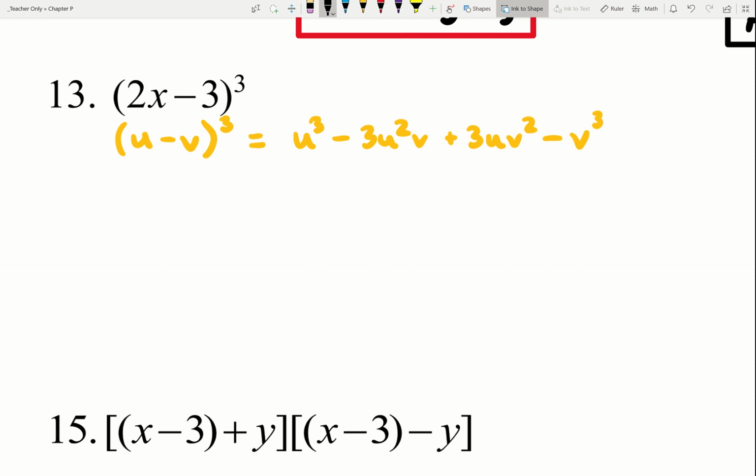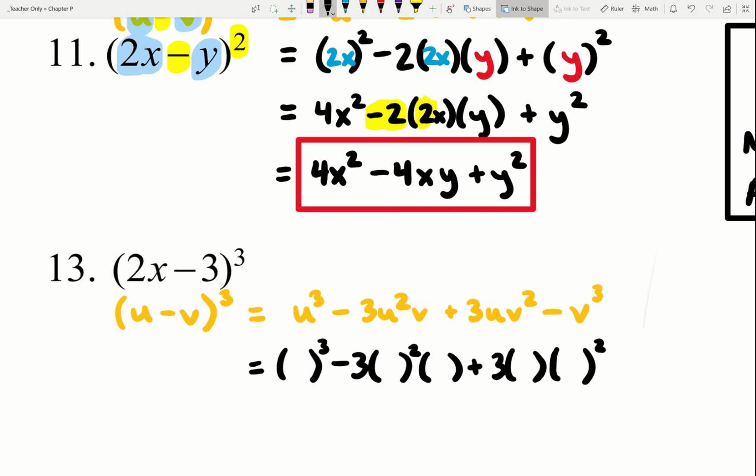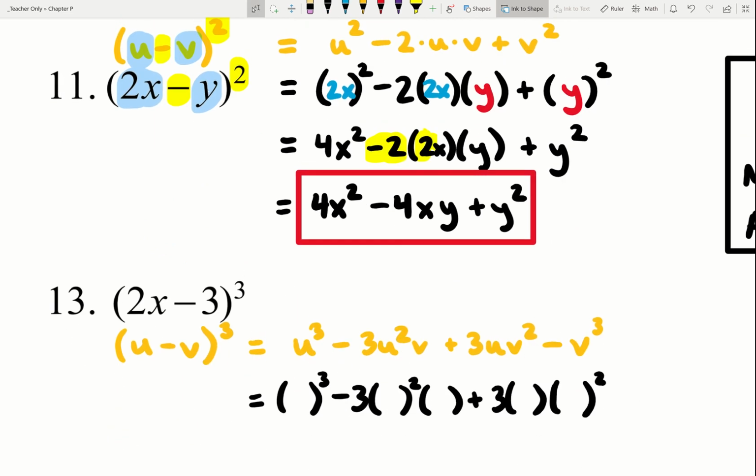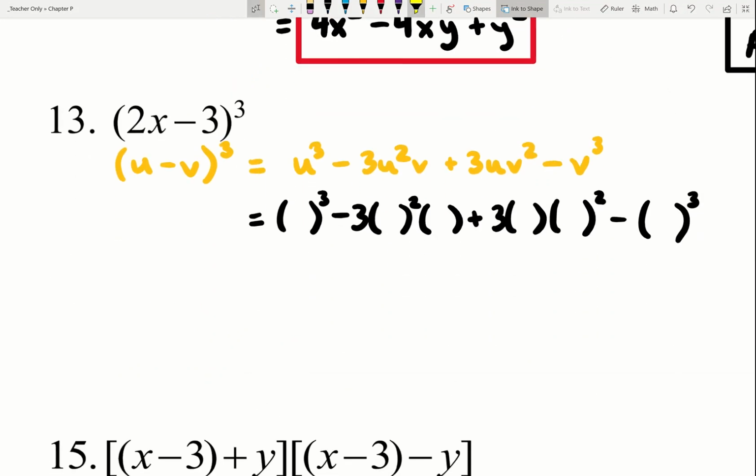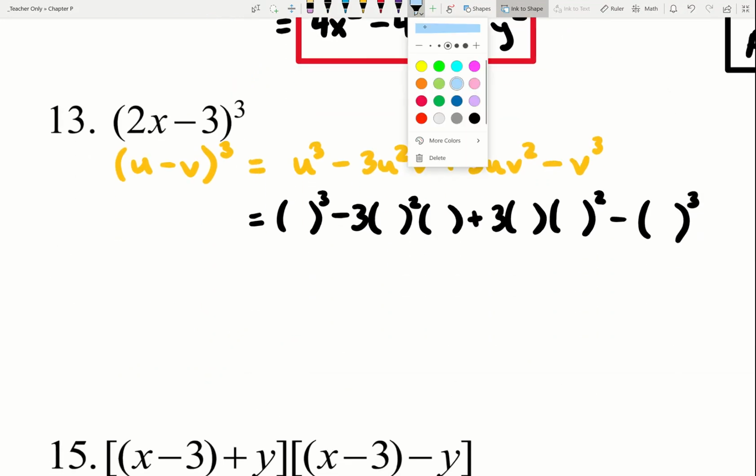Okay? And so what I might do here is just go ahead and simply, again, leave myself some space here. And I'm not going to do this entire example with you just for the sake of time in the video, but it would just be the exact same as number 11 that came before it, where I would leave myself some spaces here for the various parts that I would want to substitute in my expression, and then maybe just point out what's playing the role of u and v respectively.